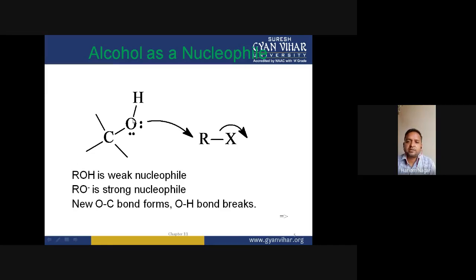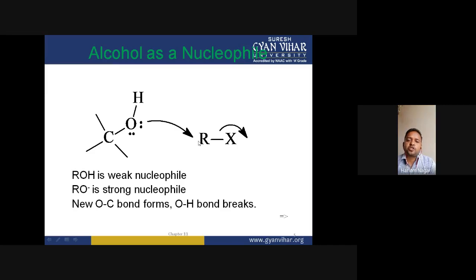So in this reaction here, this is alcohol, this is the alkyl group, OH group, alcohol. The lone pair of electrons of the alcohol attacks the carbon of the alkyl group and substitutes the group X, leaving in the form of X minus. So here this alcohol molecule is acting as a nucleophile, because when the X group is removed by taking the shared electron pair, it leaves as X minus and positive charge is generated at the R group.